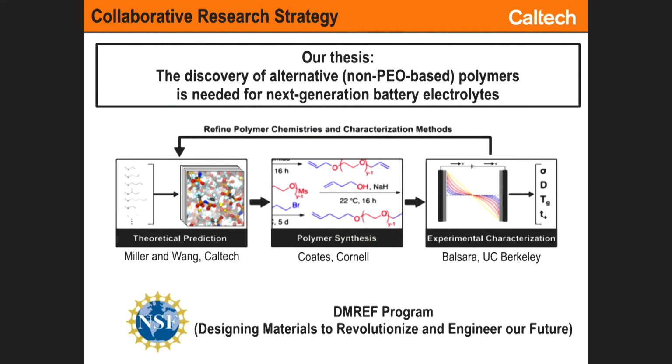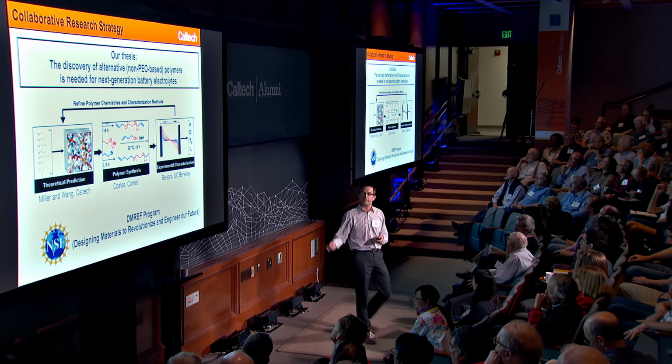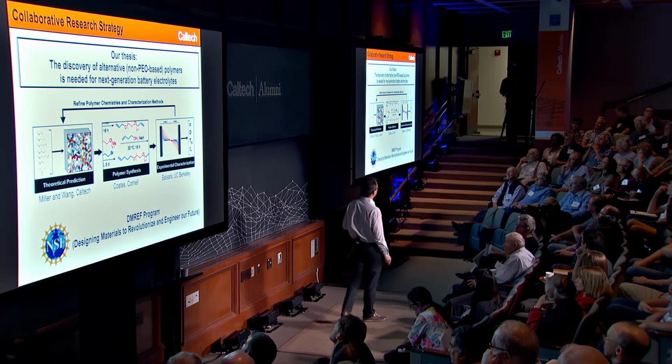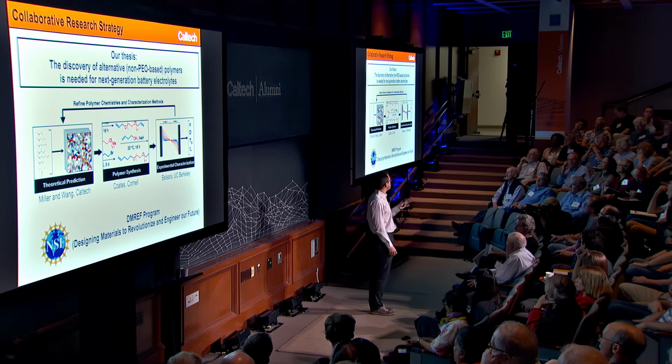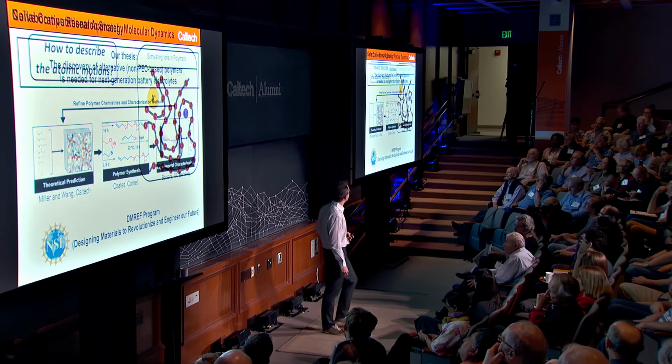We would give those to synthetic chemists at Cornell that would then make those polymers, who would then send those polymers back across the country to Berkeley that would actually test those polymers and tell us what's working and what isn't working, and that became an iterative process. So we set that up through an NSF program a few years ago in 2014, and it's led to some really exciting work even since that time.